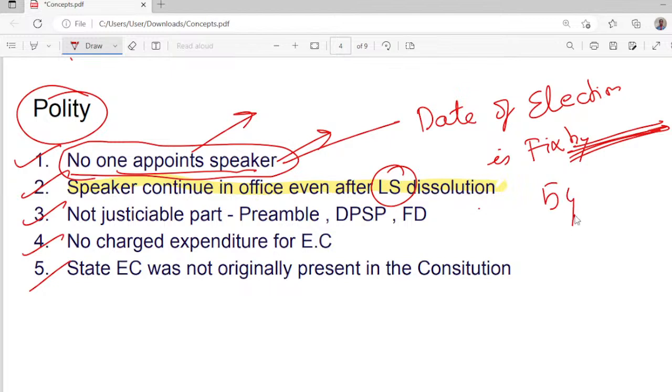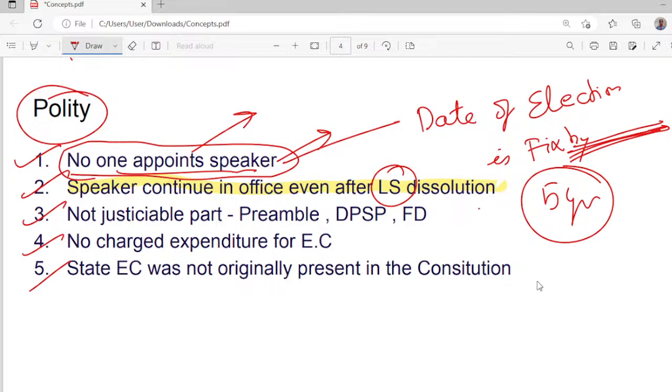Lok Sabha normally has a 5-year term. Sometimes it can be dissolved even before 5 years, or even after 5 years. Now tell me, who will dissolve the Lok Sabha?